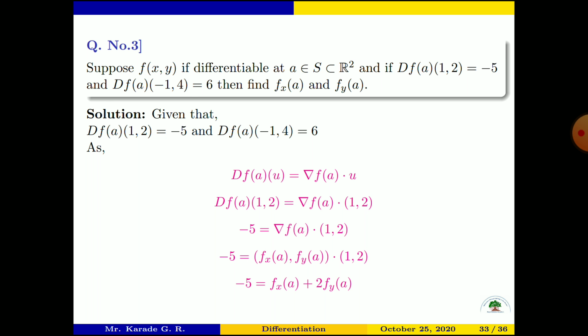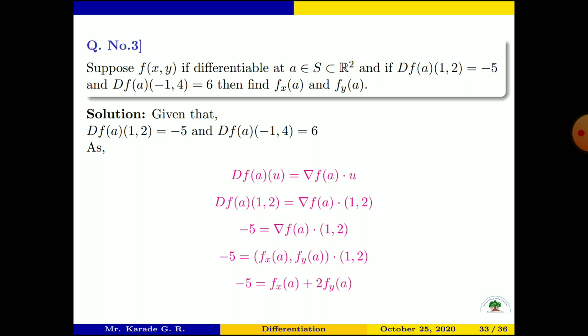Then find the partial derivative of f with respect to x at point A and the partial derivative of f with respect to y at point A. So the problem is very simple, and we will see here how to solve it.